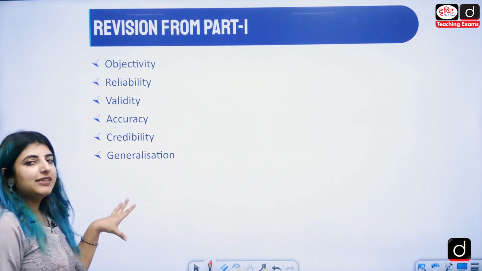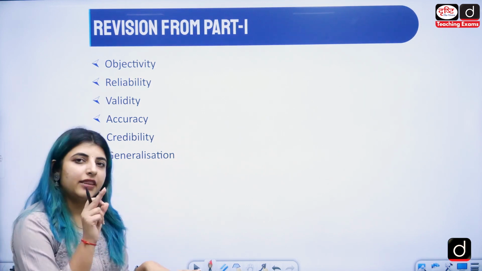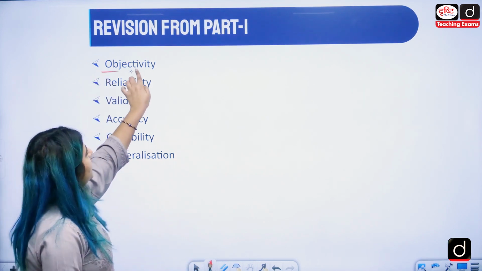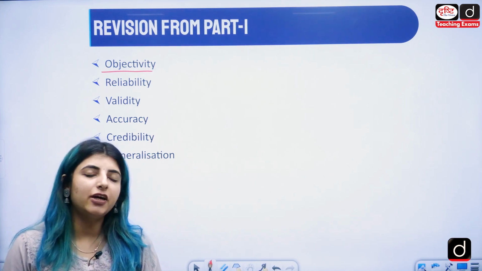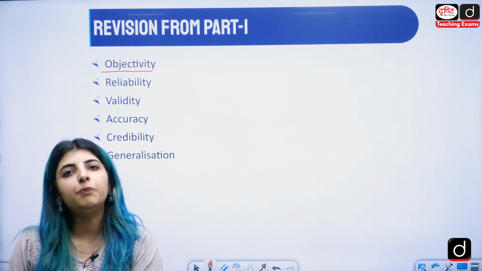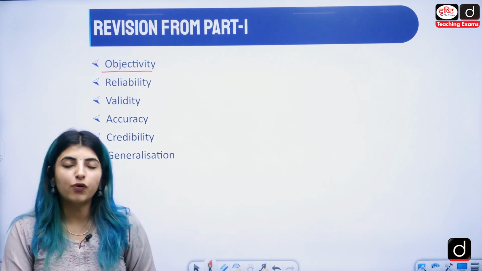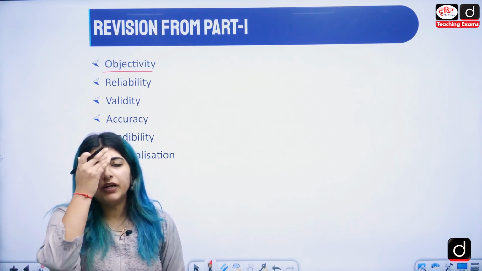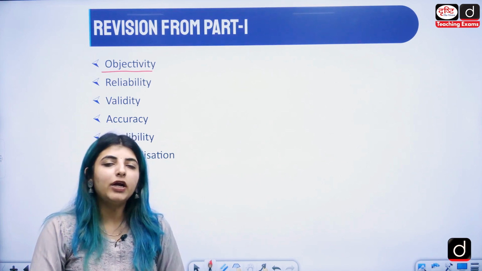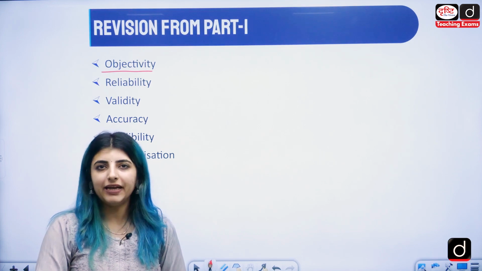The six characteristics that I covered in the previous video were, first, objectivity: whenever you are trying to do research, you need not put your point of view forward in anything. Let's take an example: if you are asking someone what brand of chocolate they like.